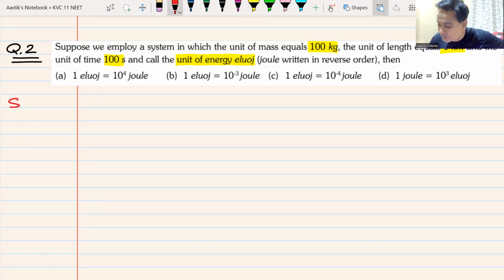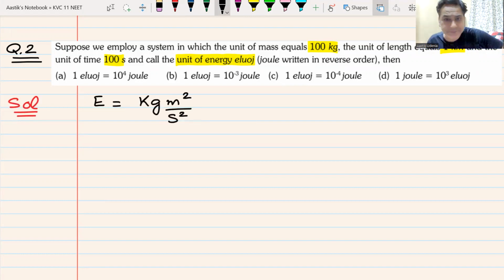How are we going to do this, my dear friends? Solution, it's very simple. First of all, I need to look for the original unit of energy. The original unit of energy is kg meter square per second square.